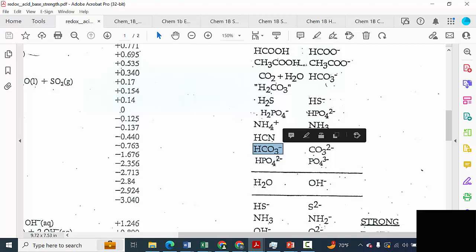Bicarbonate. So stronger than water, weaker than bicarbonate. And then monohydrogen phosphate is also over here, and so it's also a base. As far as base strength goes, is it stronger or weaker than ammonia? It's weaker than ammonia, but stronger than, what do you call this?